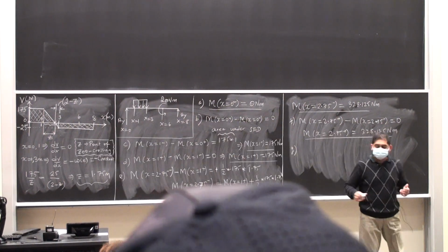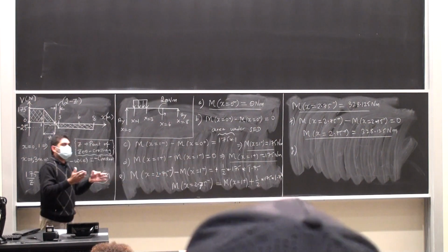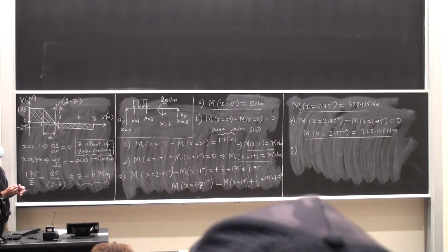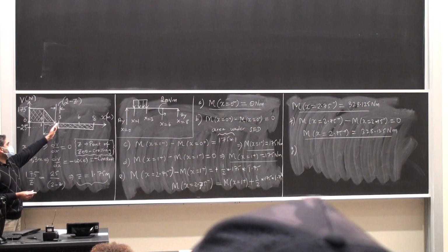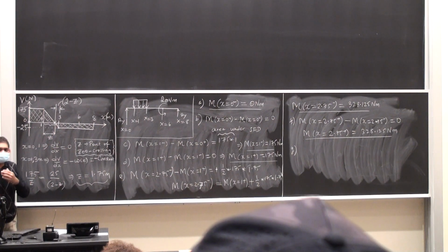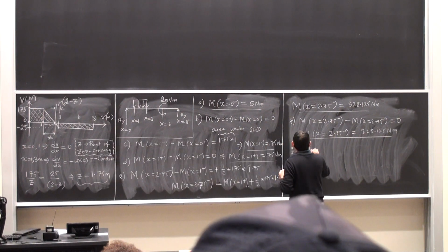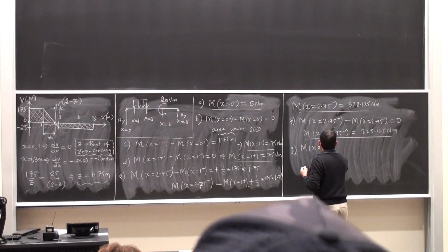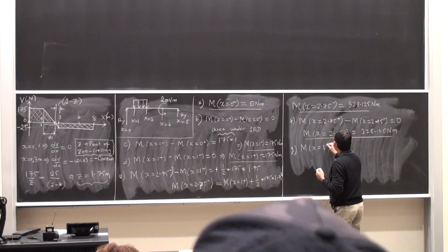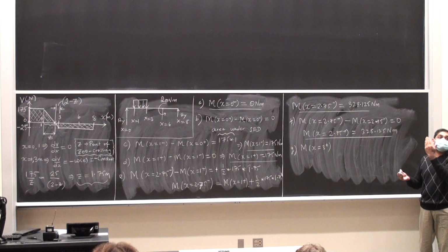Now here's what I'm going to do. I don't need to go to 3 minus, I can directly go to 3 plus, because both of them are in the negative region. If you want, you can do 3 minus and then go to 3 plus as well, it's completely fine. I'm going to say M at x is equal to 3 plus, which is the same as x is equal to 3 minus, because there is no couple moment acting at that location.